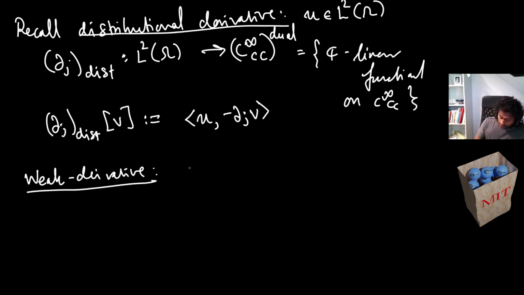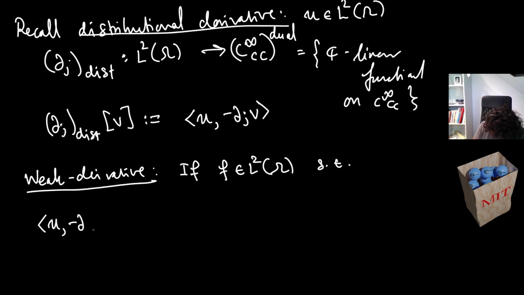So remember that a weak derivative is if we say that there is some L2 function f such that... So again, I'll write this just to familiarize ourselves, or just to think in terms of these inner products.